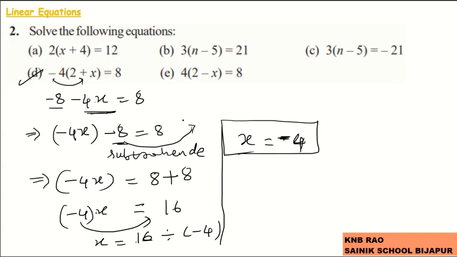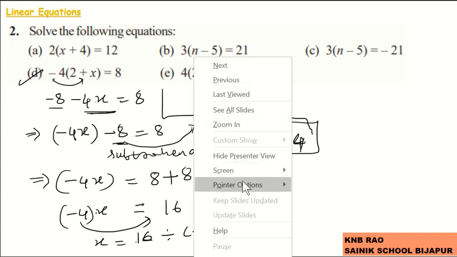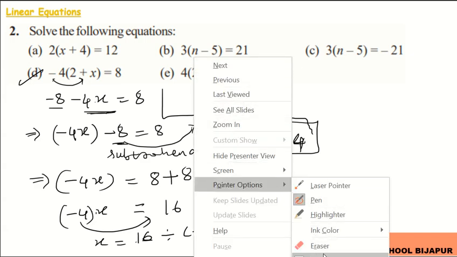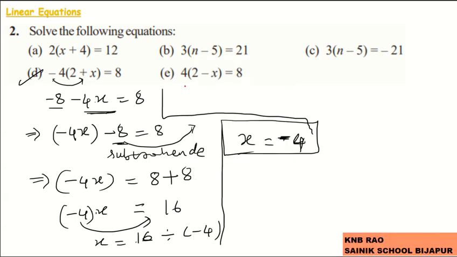Now coming to question number E, let me change the color so that you can have comfort. Here 4 is multiplied to 2 and 4 is multiplied over x.